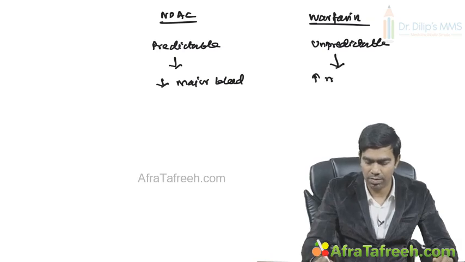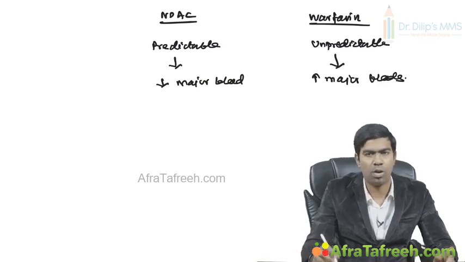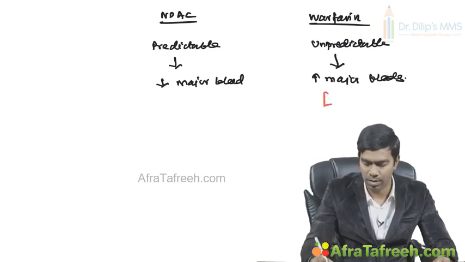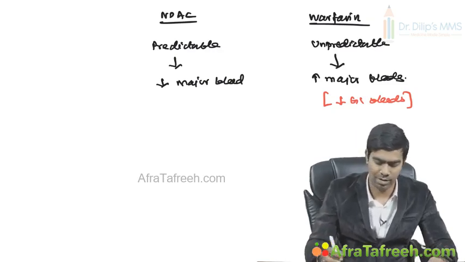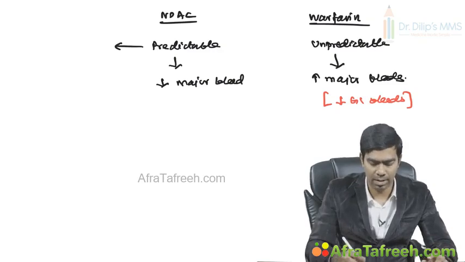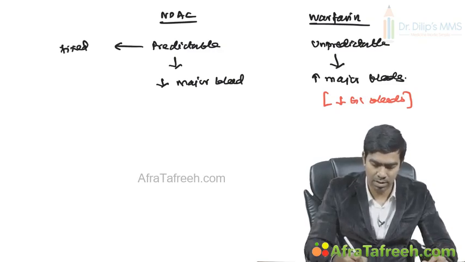That is the reason why warfarin has a little higher risk of major bleeds. One small nick you need to know is that warfarin has a low risk of GI bleeds though. Even though the major bleed risk is high with warfarin, the GI bleed risk is actually low with warfarin.